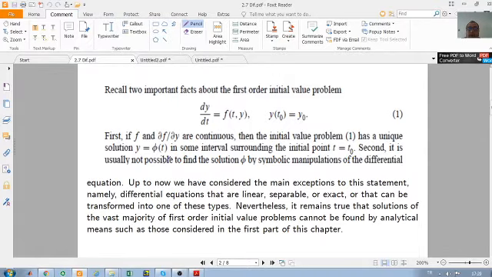Therefore we should consider an easier method for every differential equation, because in the previous sections we were interested in special differential equations like linear, separable, or exact, or ones that can be transformed into one of these types. But by finding a numerical method for the solution of a differential equation, we can get an idea of the solution.